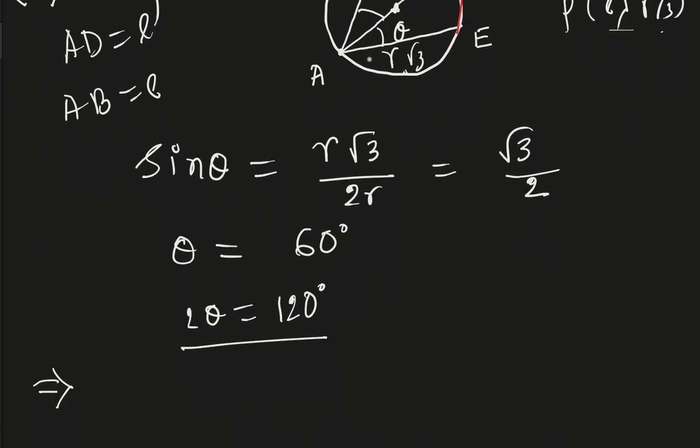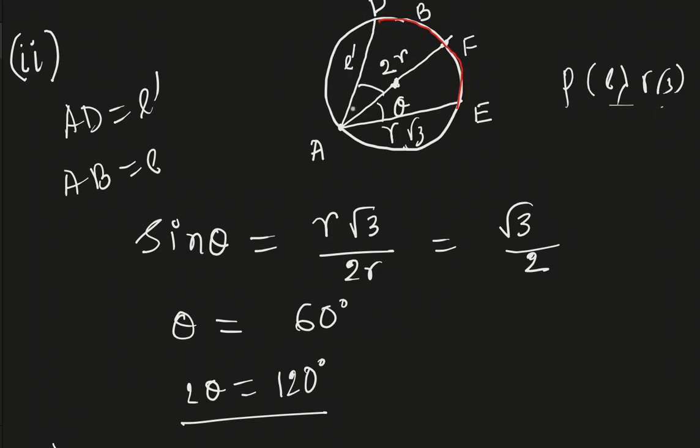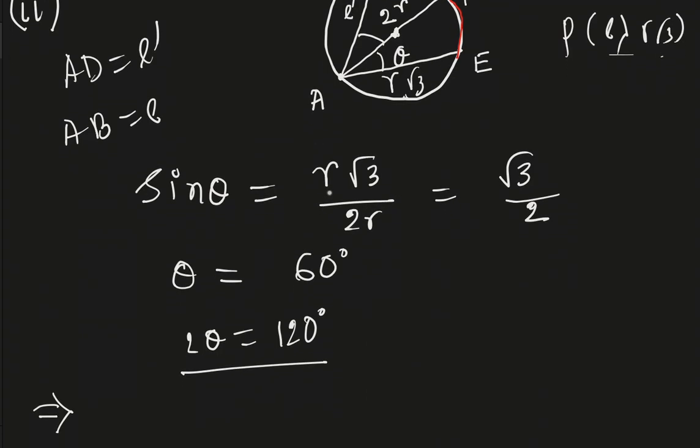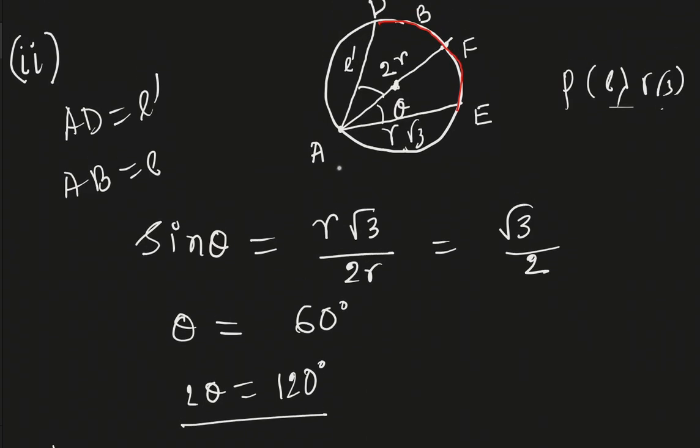Now there is one thing left: how many chords can I draw in this arc. Since A is fixed, how many points I can draw between D and E, that many lines I can draw. How many points I can draw in between can be represented by the length of this arc ED.